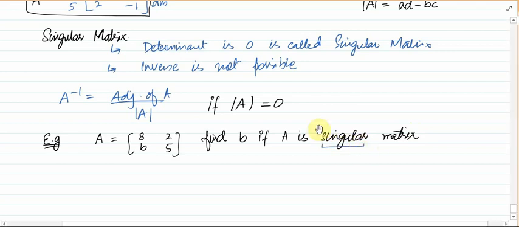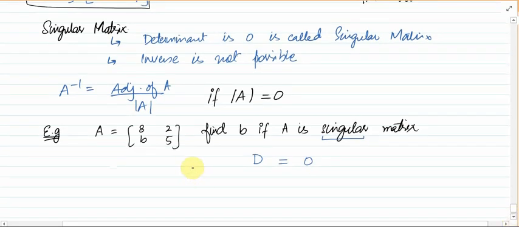We know that a matrix whose determinant is 0 is called a singular matrix, right? So first, you need to apply the condition determinant is equal to 0. After that, you substitute the working formula, which says AD minus BC is equal to 0. I wrote the working formula of determinant, right? To make it easier, I am going to write the variables above the numbers.